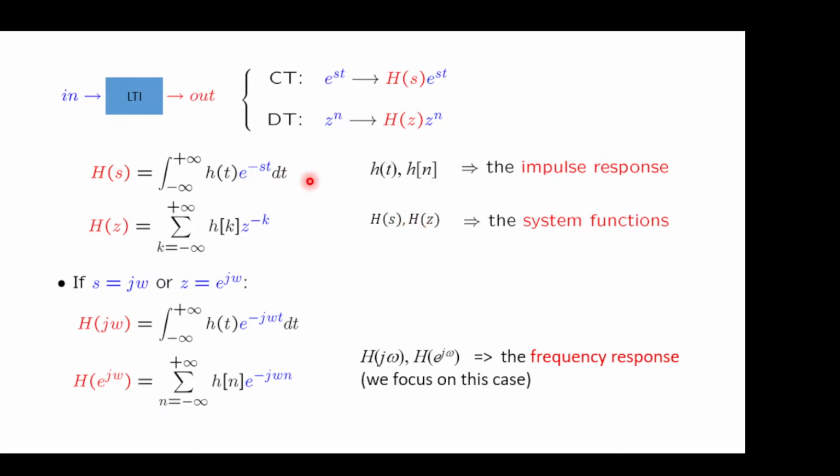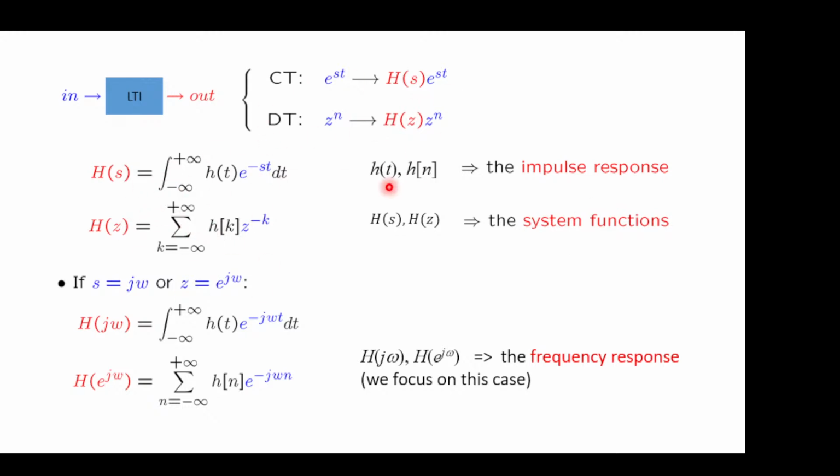And those big H are called system functions. Okay. So we've seen how to calculate big H from small h, and in I believe next chapter we'll see how to calculate small h from big H. But for now we see that they are related. Those are impulse response and system functions, and both of them totally describe your LTI system.